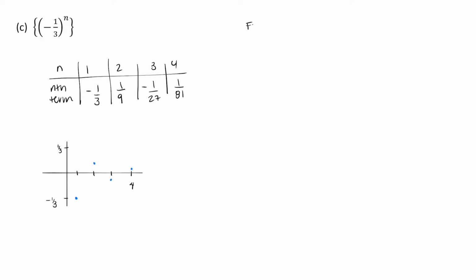Now for even values of n, we'll always have positive values. So this will always be at most 1/3 to the n.